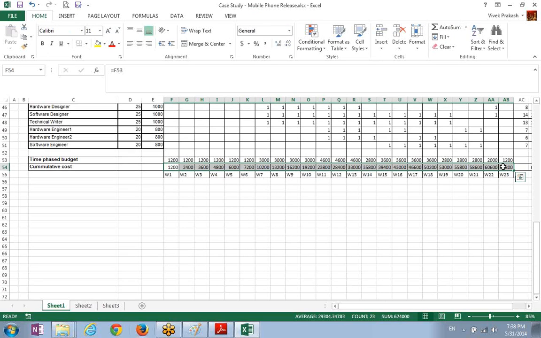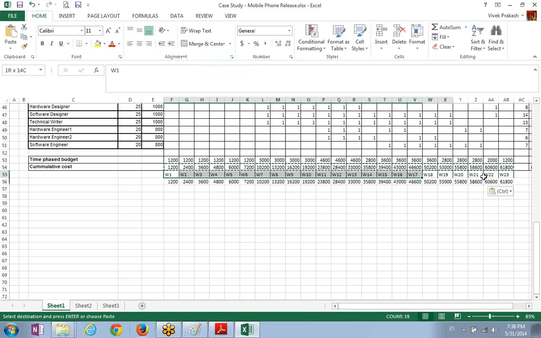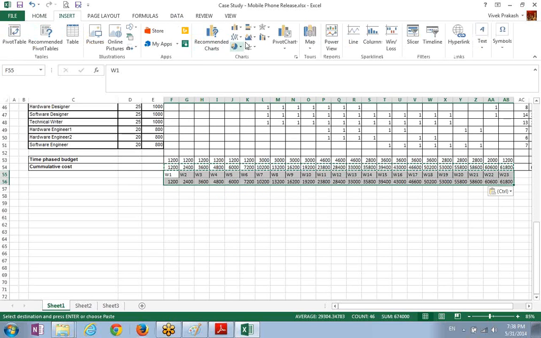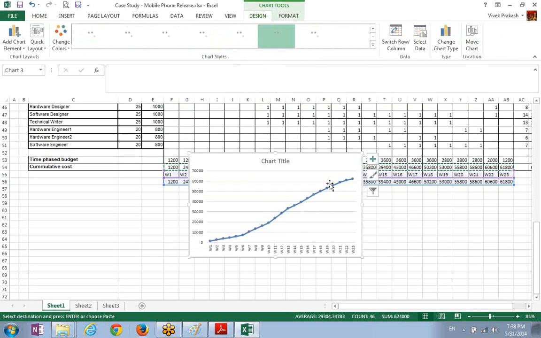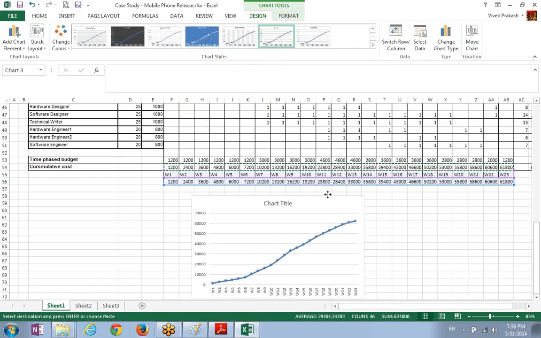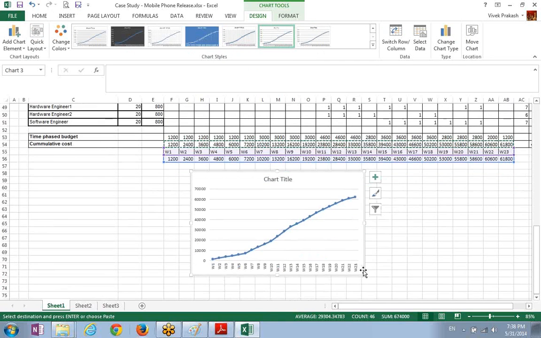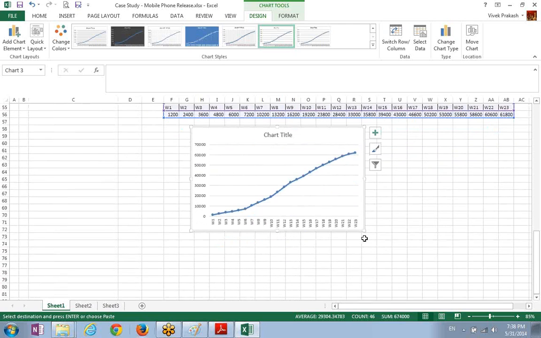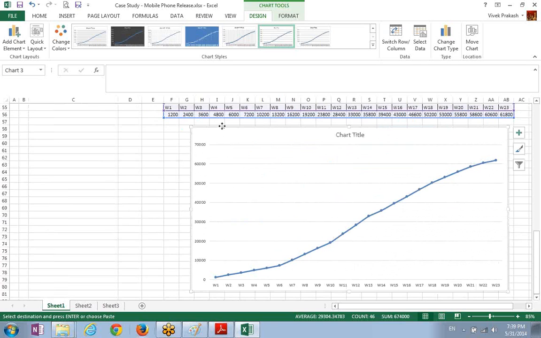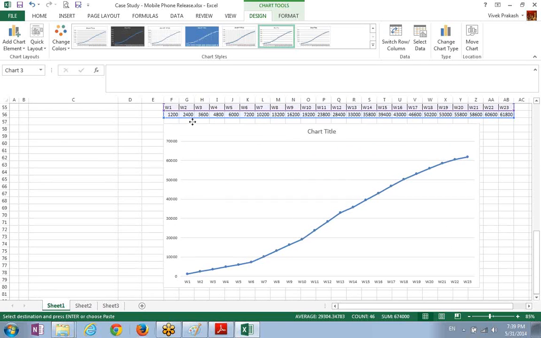Let me try this. Yeah. You see, this is your S curve. Let me align this.